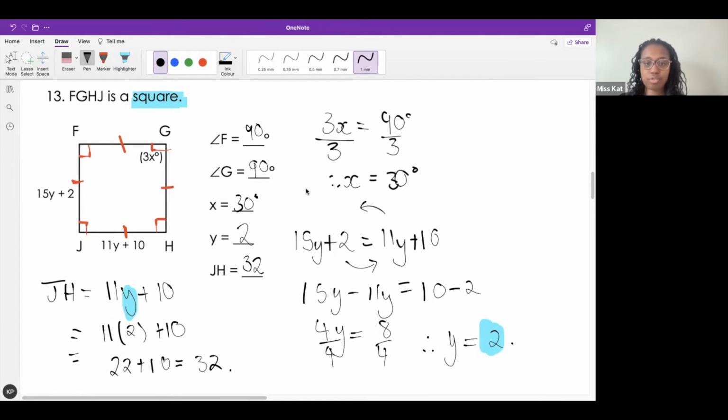Remember we just solved for y, Lutando, thanks for your question. We solved for y over here, right? And then JH was given here. They said JH is 11y plus 10. So instead of y, I just substituted the 2 that we got. So I said 11 times 2, which is 22, plus 10, it's 32.